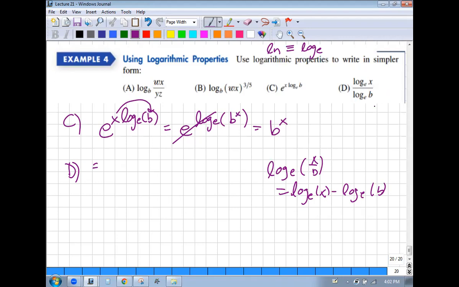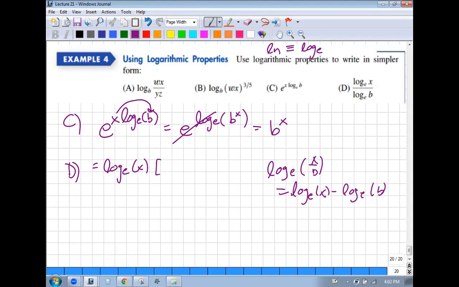What can we do here? Log base e of x over log base e of b. Dividing logs. Okay, I could write this. No, it wouldn't work. This is a change of base formula.